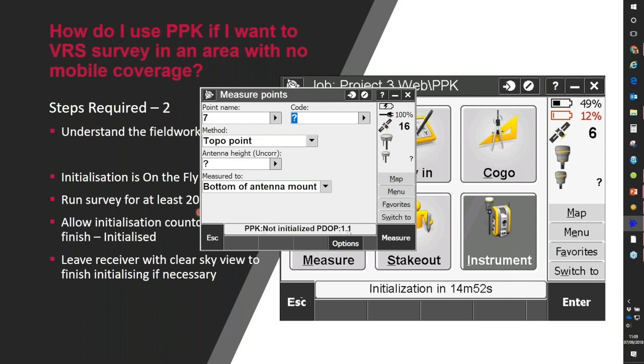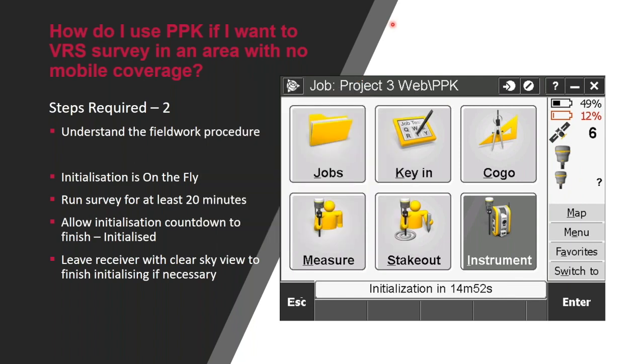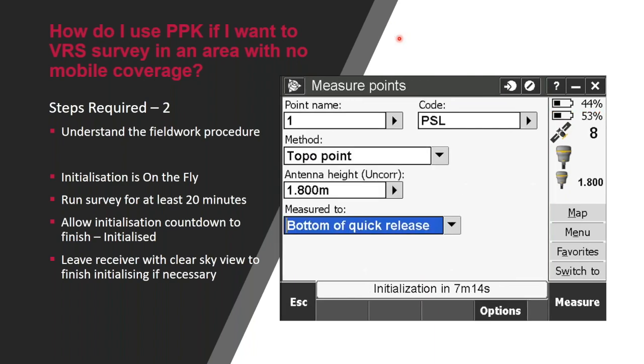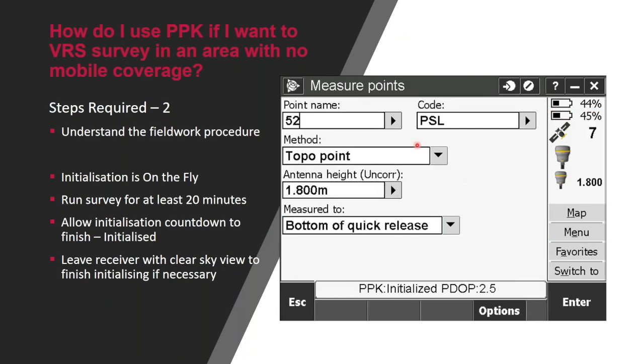So it's still merrily initializing away at the moment. If I go back to my slide, skip on a little bit, here we can see this is how it will appear when the system's initialized, and we can crack on and collect as much detail as we need, but just make sure that it shows initialized when you come to turn off the kit and that you've been going for at least these 20 minutes.